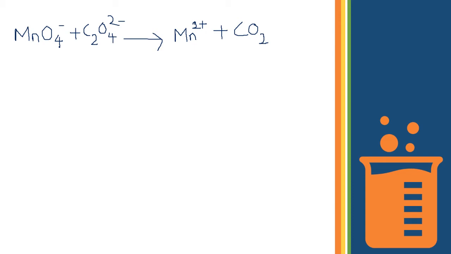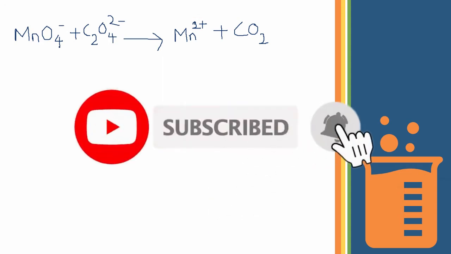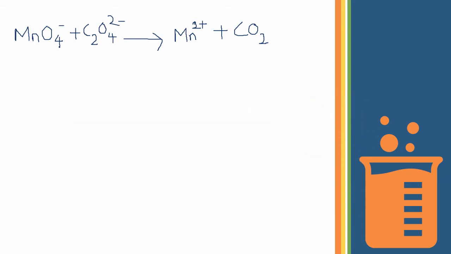So, before we go into the half ionic equation method, let's try to balance this equation in the oxidation number based method. So, the first step would be to identify the elements whose oxidation number gets changed during the reaction and equalize the atom numbers in reactants and product sides.